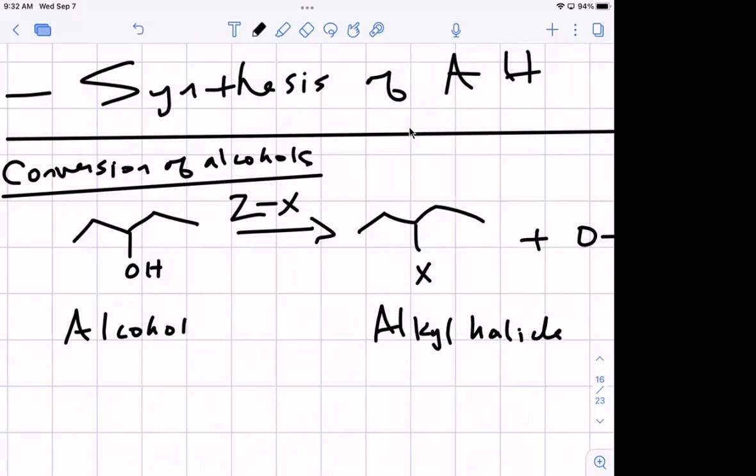If you struggled with functional groups, you need to refresh yourself on that. The second is recognizing the reactions that we've done in part one. If those reactions are fleeting and escape you, then you need to refresh yourself on those, because a lot of those reactions you're going to see again.